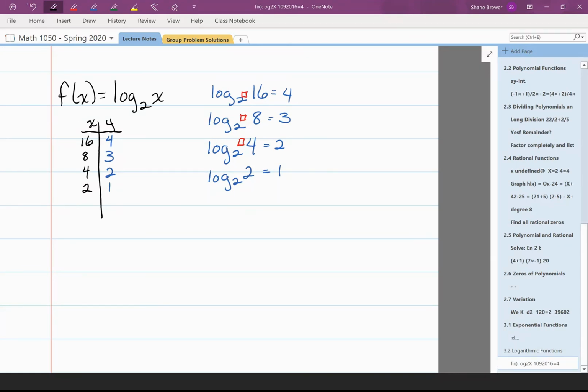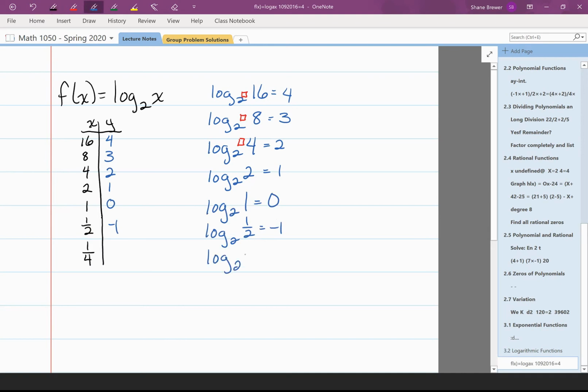But here's the thing. There are more powers of 2. 1 is a power of 2. Why? Log base 2 of 1. 2 raised to what power is 1? The answer is 0, right? 1/2 is a power of 2. Log base 2 of 1/2 is -1. 1/4 is a power of 2.